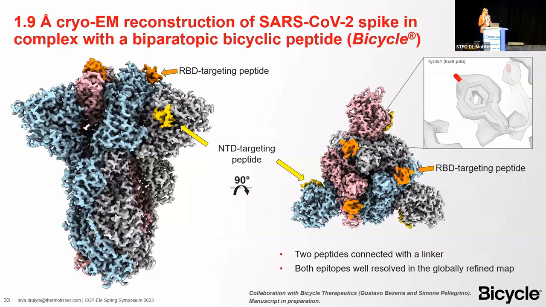And in this slide, I'm showing you just one, which we think is really exciting. It's a biparatopic bicyclic peptide. So it's one that binds to the N-terminal domain and another one that binds to the receptor binding domain, attached to each other with a linker. And again, using a multigrid approach and having a lot of throughput, we were able to solve a lot of structures and define these epitopes.